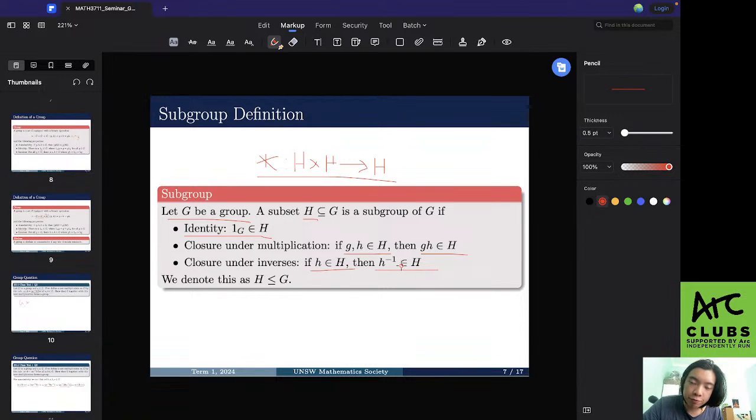We don't actually have to check for associativity because associativity has to do with the actual operation, and because it shares the same operation with something we already know to be a group, we know that this operation is still associative. And if we know that H is going to be a subgroup of G, we can write it as H less than or equal to G. And so this means that it's a subgroup.